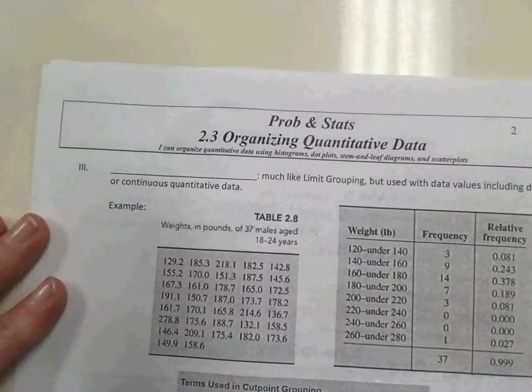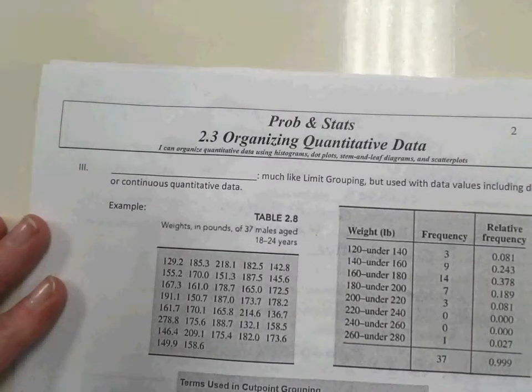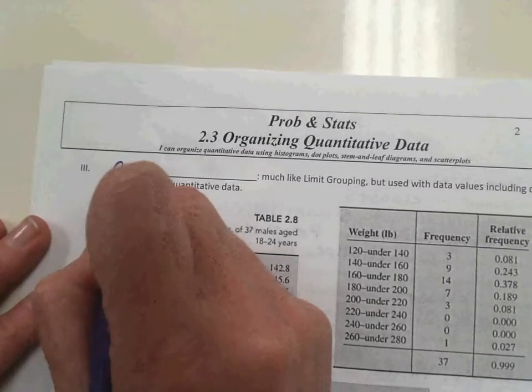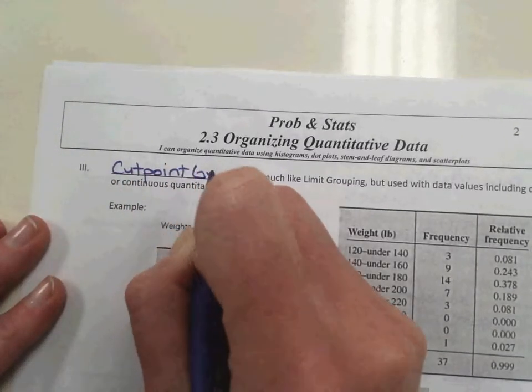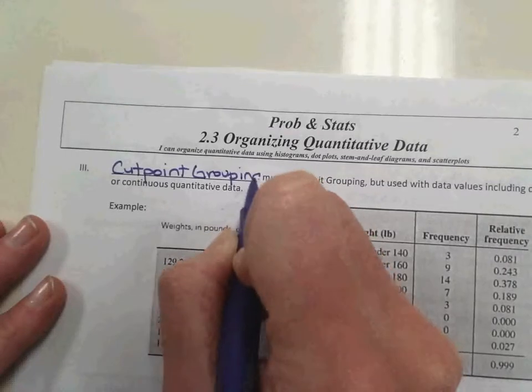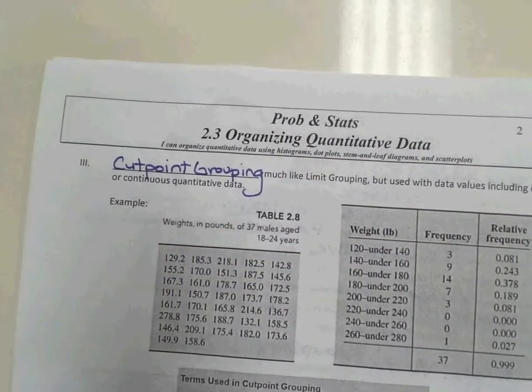Speed round notes. Page 2. We have cut point grouping. Our third grouping method is called cut point grouping. Just like limit grouping, except we're using this with data that includes decimals, or our continuous quantitative data.